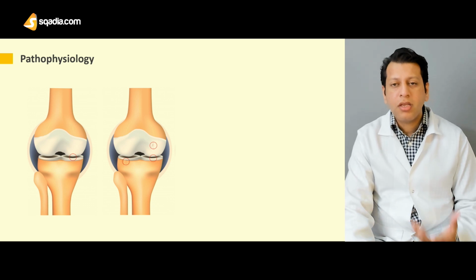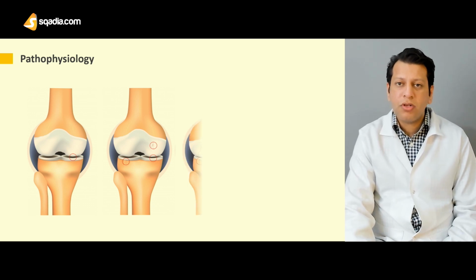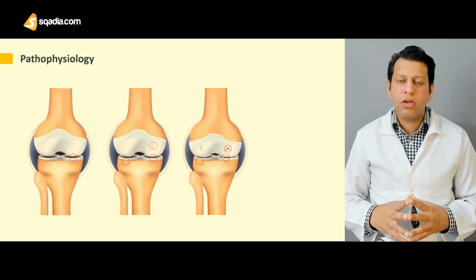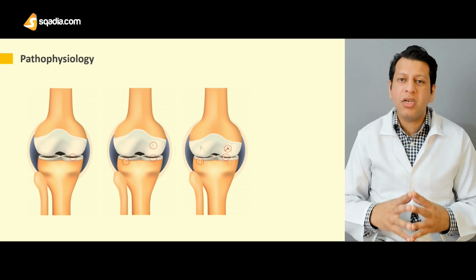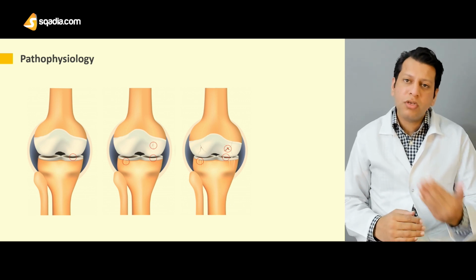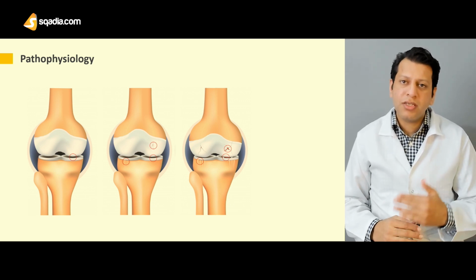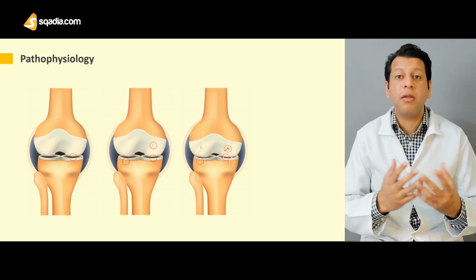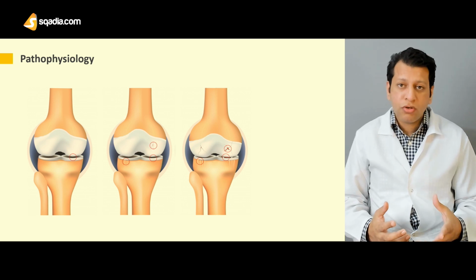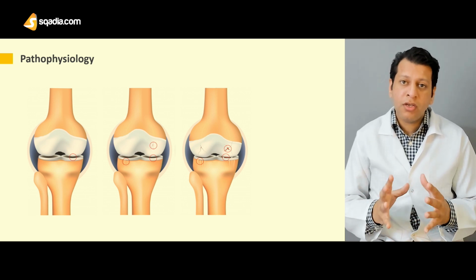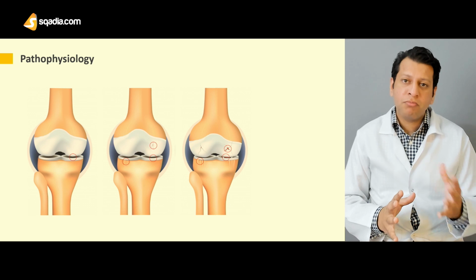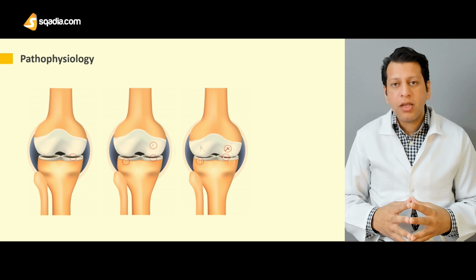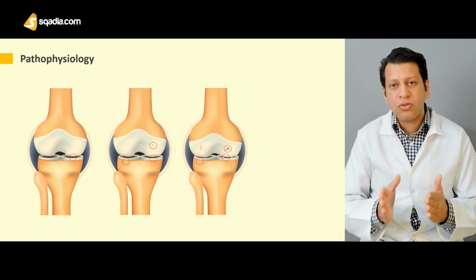And once all three compartments are involved, as the disease progresses, you probably require a full total knee replacement. Although total knee replacement and total hip replacement have now evolved to a level that they can make a patient completely pain-free, and new generation prostheses actually mimic the complex motion at the knee as well as the hip joint, what's important is that you understand this is not the first step.